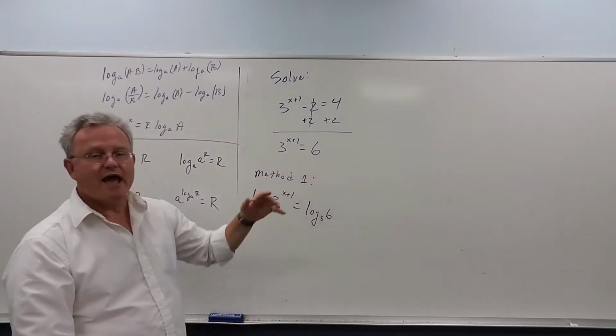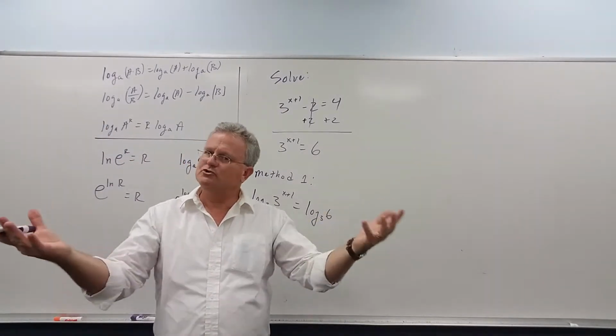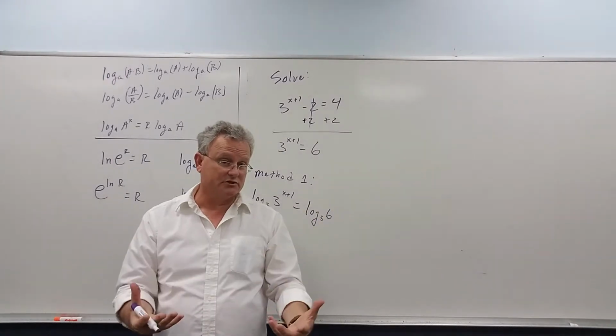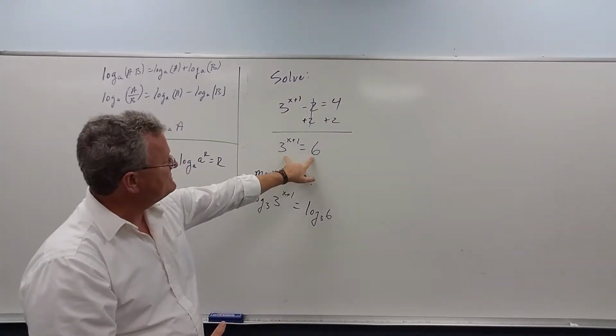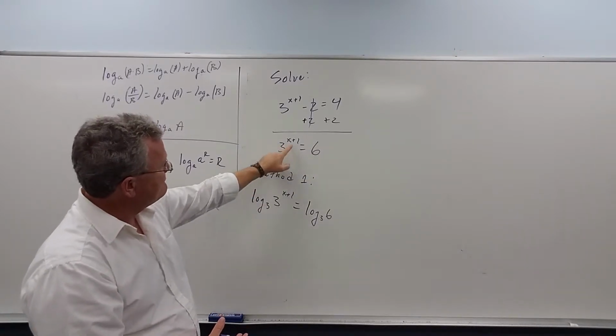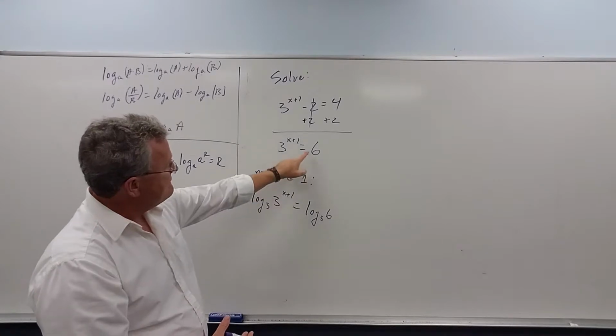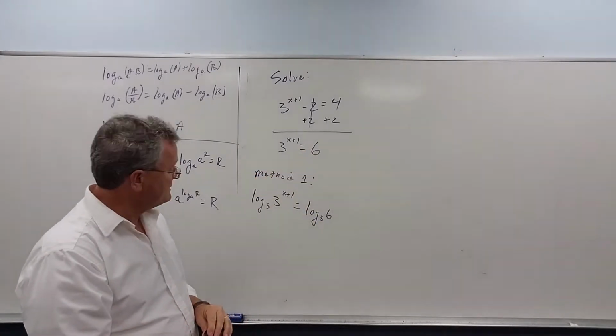Remember, with equations, if you have an equation, you can do anything to both sides and the result is going to be true. So I take the log base 3 of 3 to the x plus 1, and that equals the log base 3 of 6. So that's what I did.